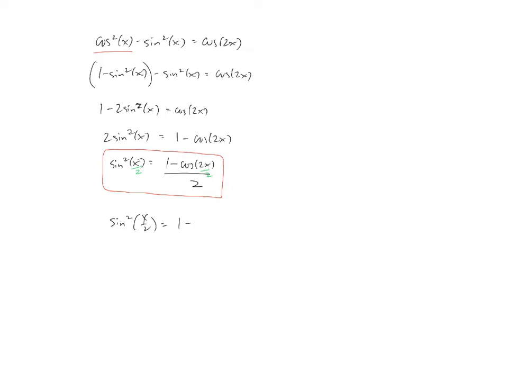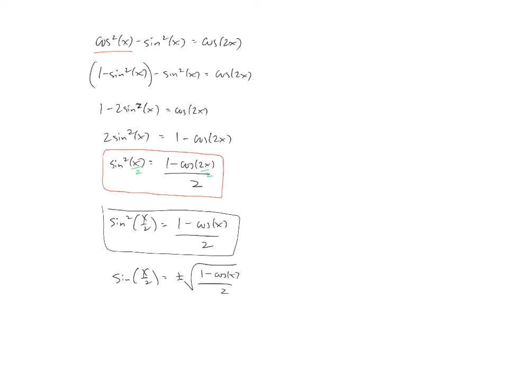This will give us 1 minus cosine of x all over 2. So there's a representation for a half angle. I honestly try to remember them like this. If you needed to get sine of the half angle all by itself, you could of course square root both sides. Just don't forget the plus or minus.